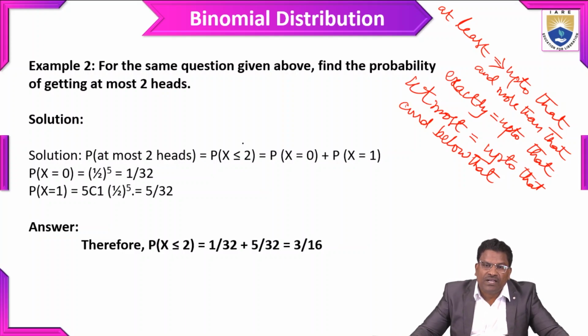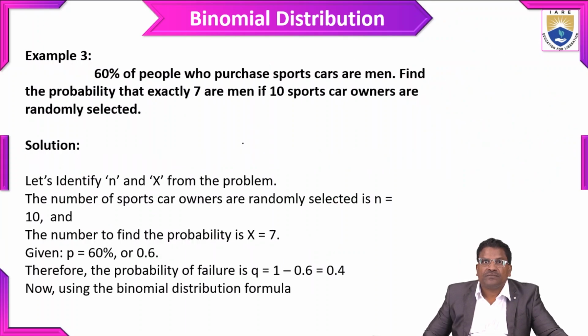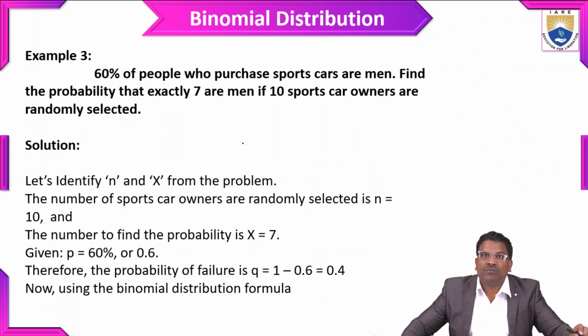P of x is equal to 2 we found there, it is 5 by 32. Add them. It is 3 by 16. So, what is the term given there, that should be clearly understood by us. Then we can practice in our sums. Let us see one more example.